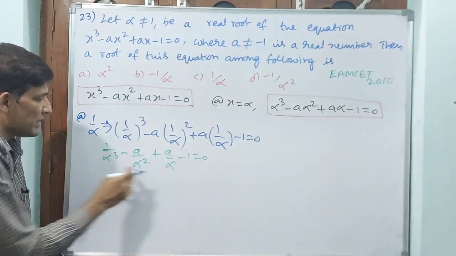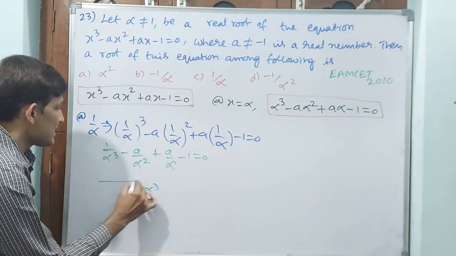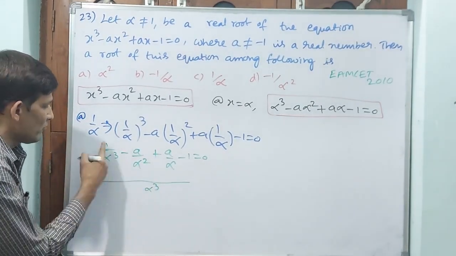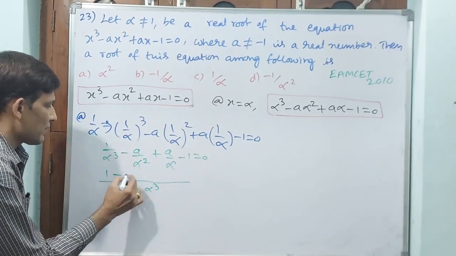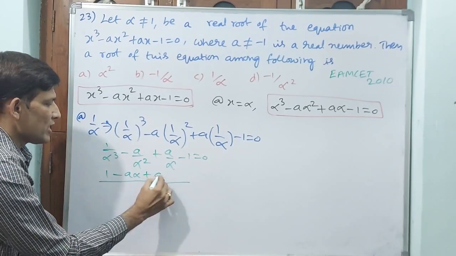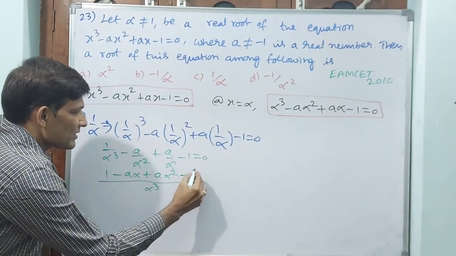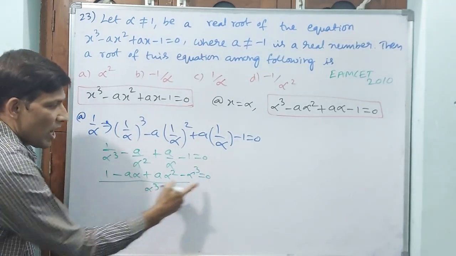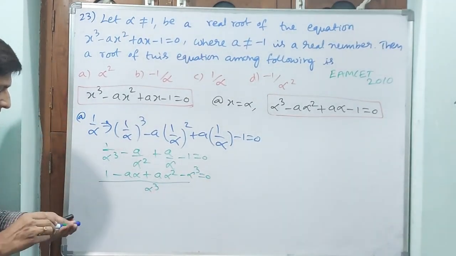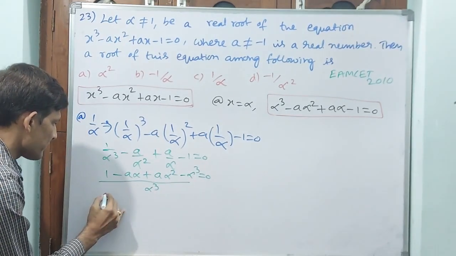You see, the biggest denominator is alpha cube, so take alpha cube as the LCM. Alpha cube: 1 minus a alpha plus a alpha square minus alpha cube equal to 0. Alpha cube you send that side. If you send alpha cube this side, automatically what is the equation?